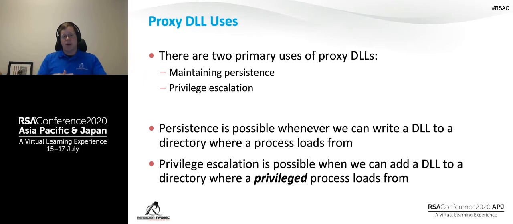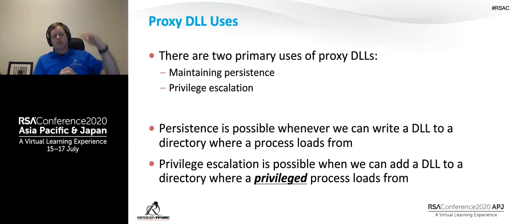Persistence meaning, of course, I don't want to have to re-exploit the system again to get back and persist my payload. I know that there are going to be times if I change autoruns, I'm going to get caught, right? So that's a big one. So if I can, without changing the autoruns and without changing the program that's executing, every time that process restarts, get code into the context of that process, game on.